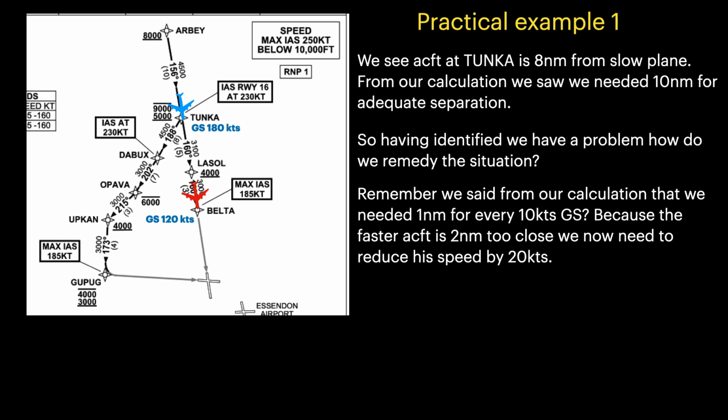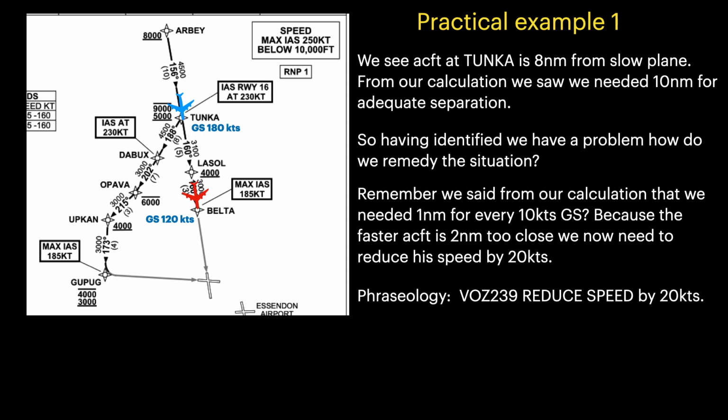Here you can see the blue aircraft is 2 nautical miles too close, so we need to reduce his speed by 20 knots. Basic phraseology would be to the blue aircraft, say velocity 239, reduce speed by 20 knots. So not only have we identified the problem, we've created a solution, and it's no good asking for indicated airspeed.